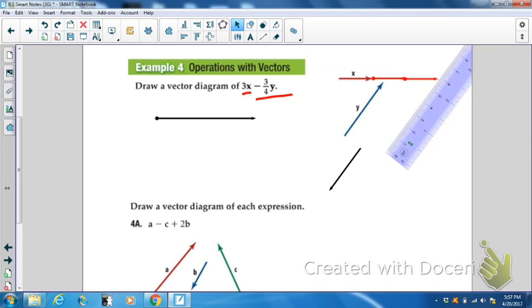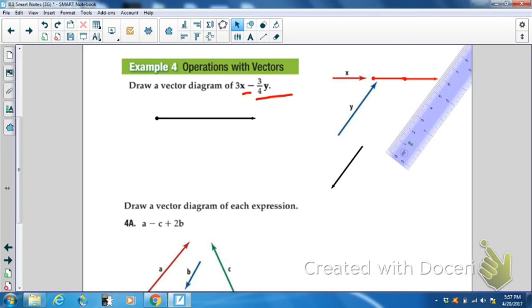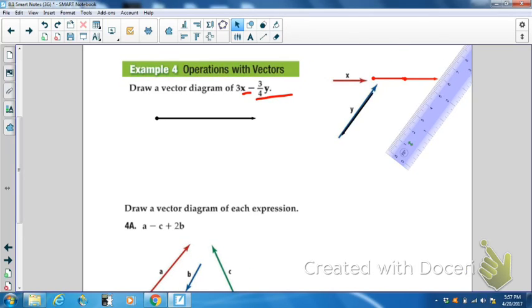Hopefully I'm still the same length. I'm going to take it up there and compare it. It's about the same now.